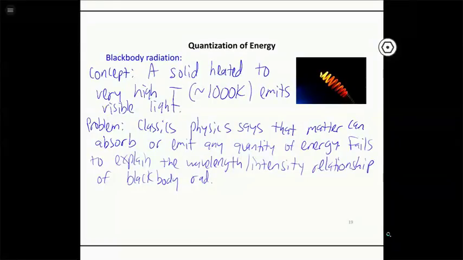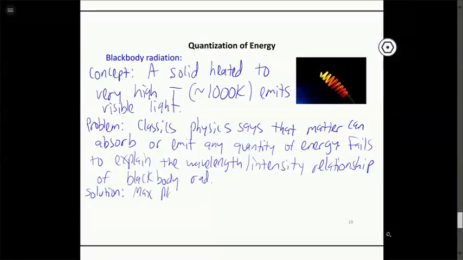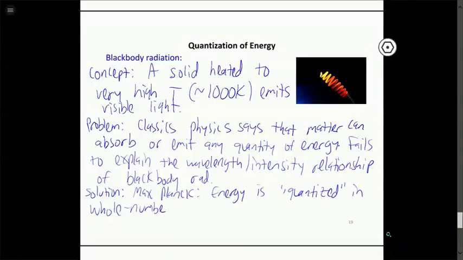But in reality, what Max Planck found out and proposed was that energy is what we call quantized into little packets: whole number multiples of h times frequency, where h is another constant.